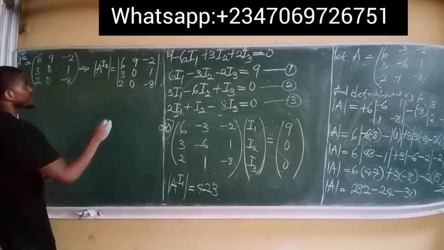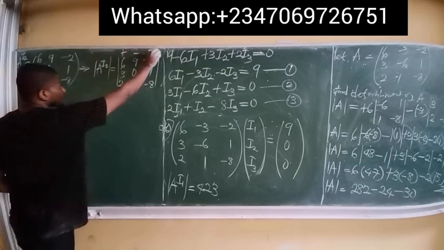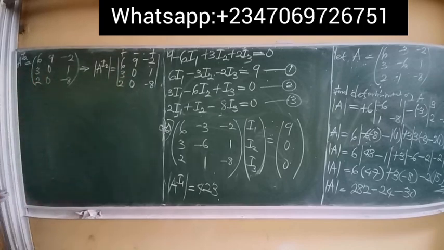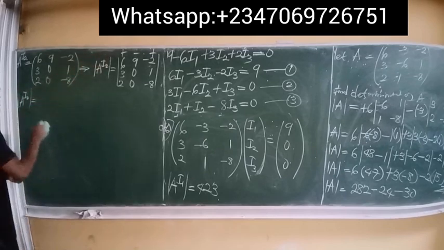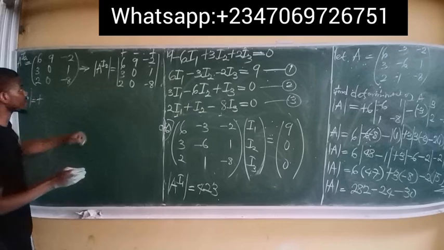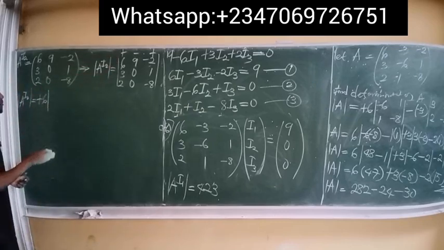So as usual, the very first column is positive, next is negative, and next is positive. It continues like that. So the determinant of AI2 is now equal to, remember the first column is positive, so you pick out plus the very first value in the first column, which is 6, plus 6, put down your determinant bar.